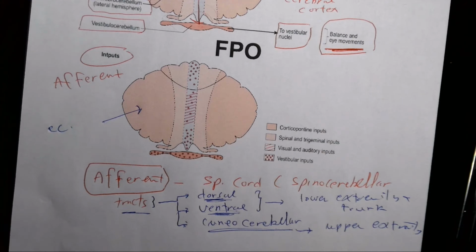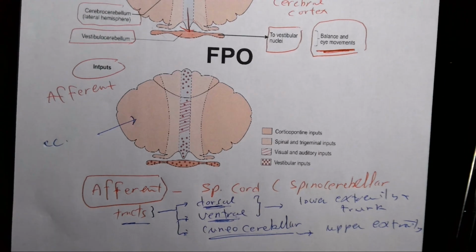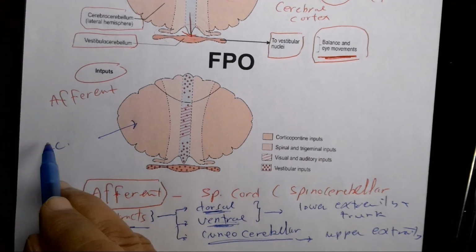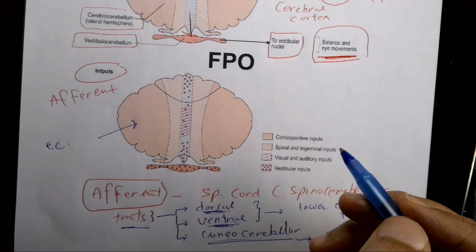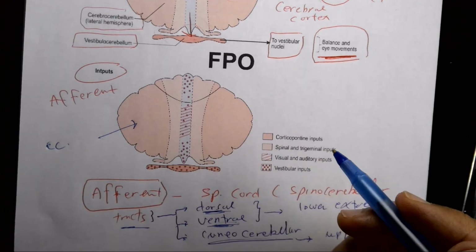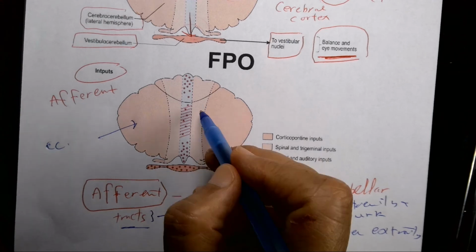Like the part which sends information to the spinal cord receives information from the spinal cord. The part which receives information from the cerebral cortex sends the information to the cerebral cortex. So here is the cerebral cortex to the lateral part, and then the spinal cord and the trigeminal area sending information to the intermediate.